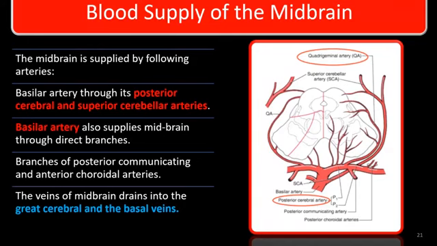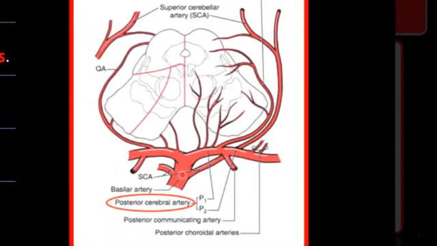Let's look at this image. Here is the basilar artery, and above here is the posterior cerebral artery, and then below here is the superior cerebellar artery, and we can see branches from the posterior cerebral artery moving into the various parts of the midbrain, and also branches from the superior cerebellar artery doing the same.